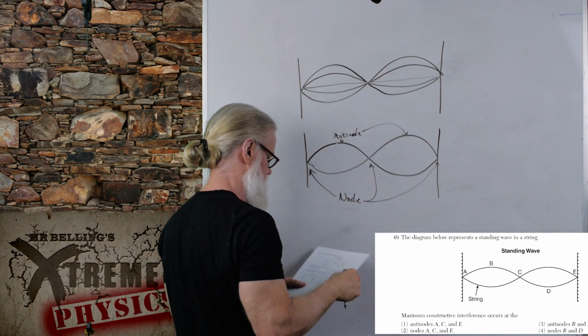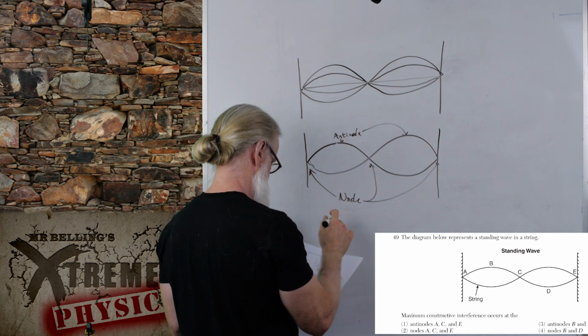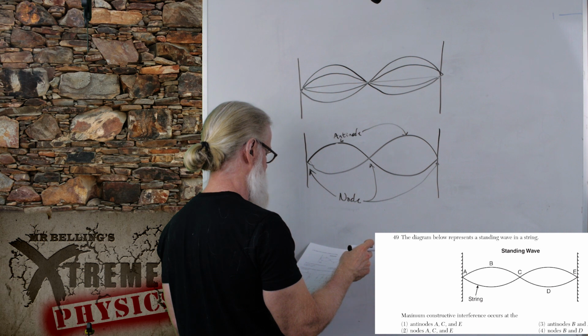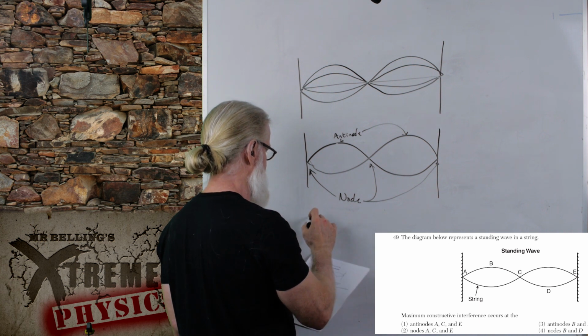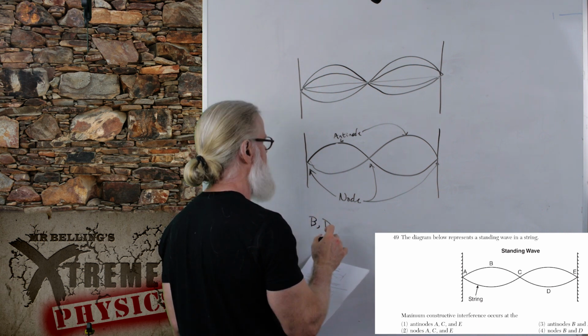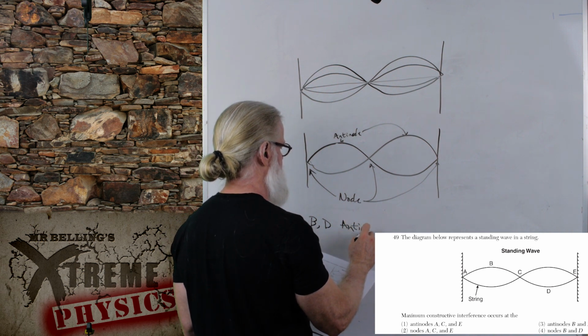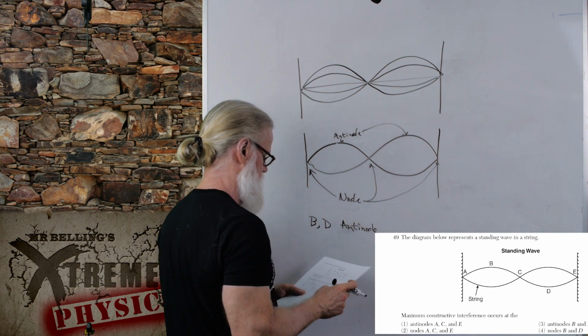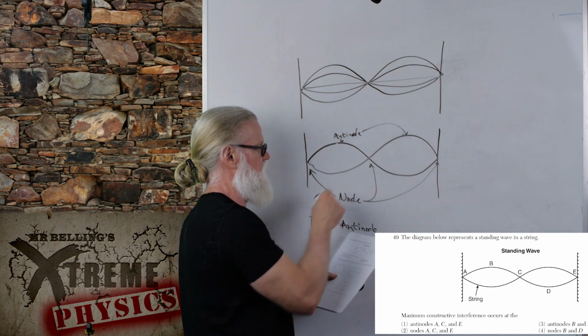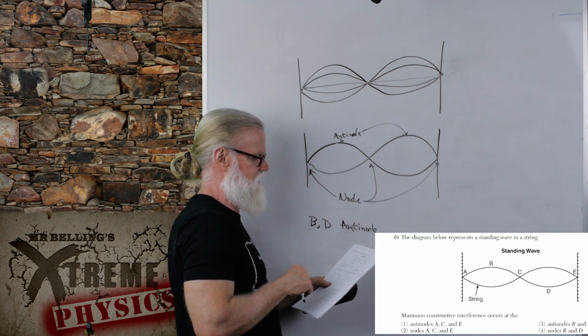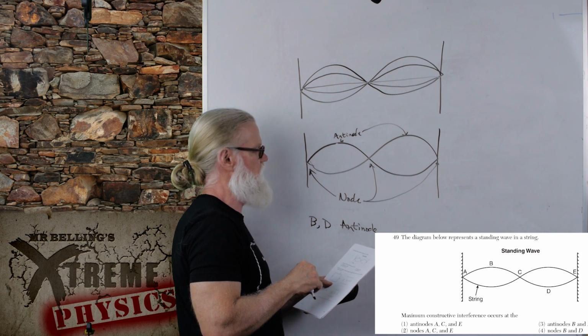Maximum constructive interference occurs at B and D, at the antinodes. Maximum destructive interference occurs at A, C, and E, and those are nodes.